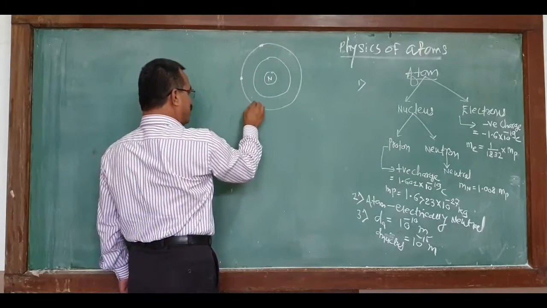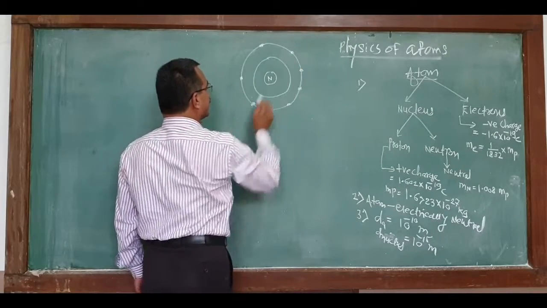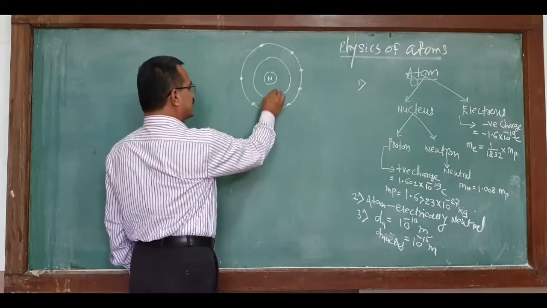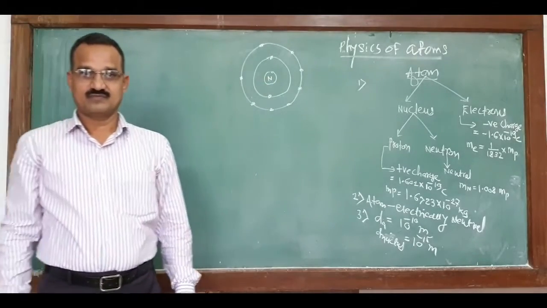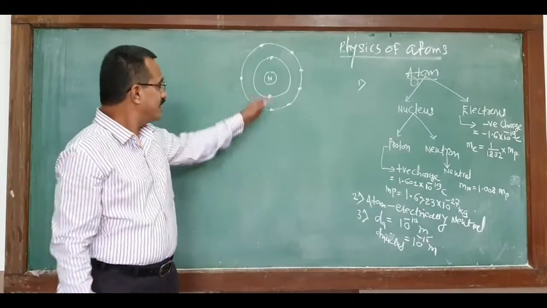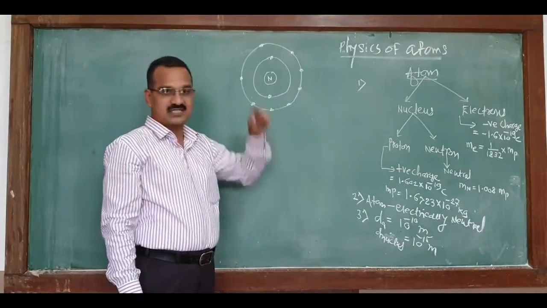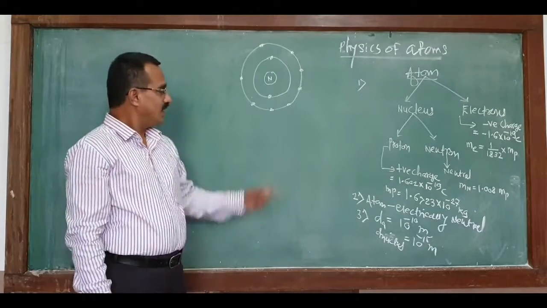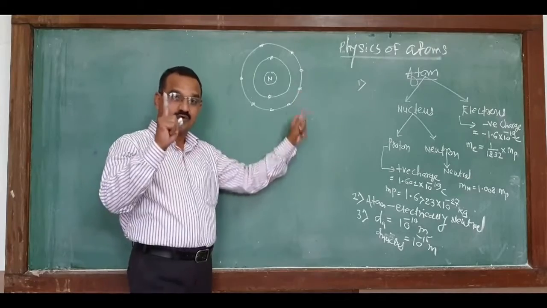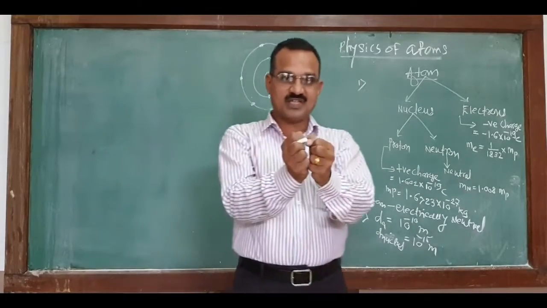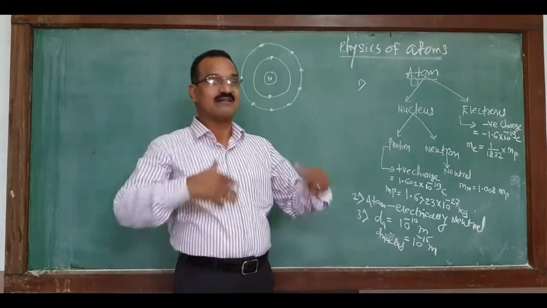Electrons present in the outermost orbit play a very important role. An electron in the outermost orbit, we call it a valence electron. And the role of this electron is during bond formation with another atom or with another element.